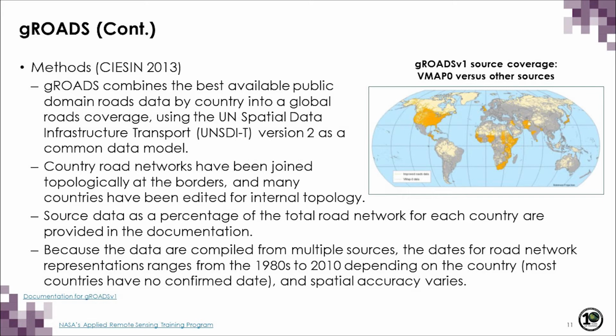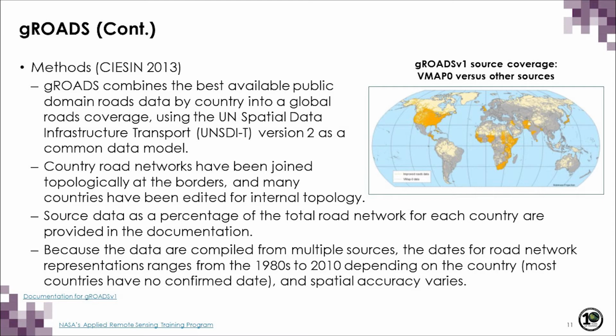But in brief, gROADS combines the best available public domain roads data by country into a global roads coverage using the UN Spatial Data Infrastructure Transport version 2 as a common data model. The country road networks have been joined topologically at the border, and many countries have been edited for internal topology.